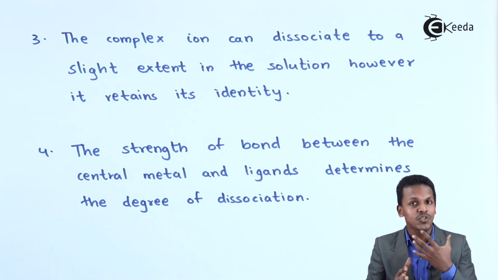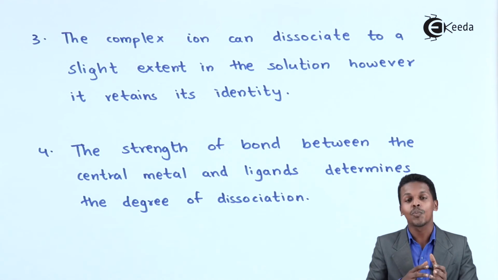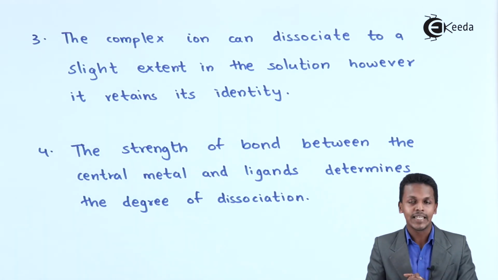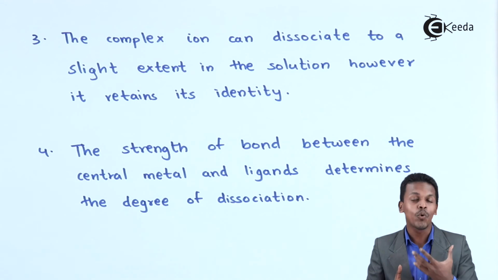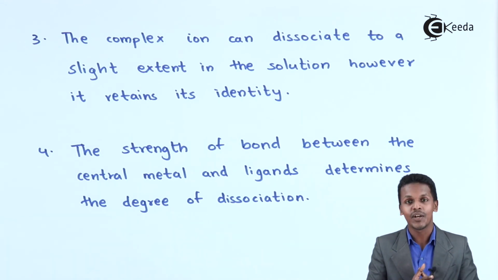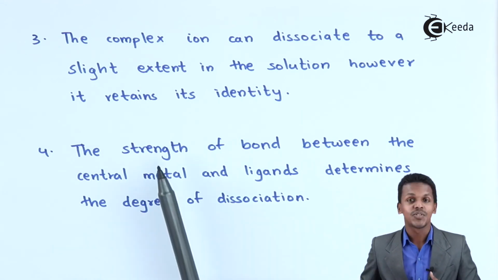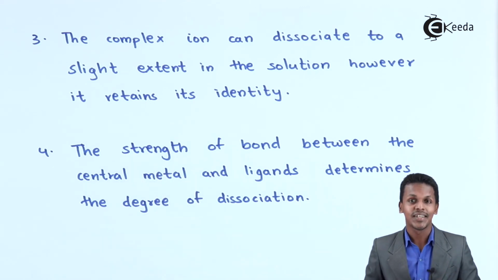And talking about the other ligands, the weak field ligands, they do form a coordination bond by donating the lone pair of electrons, but they won't be that strong compared to the previous one. So it depends upon the strength between the metal ion and the ligands.